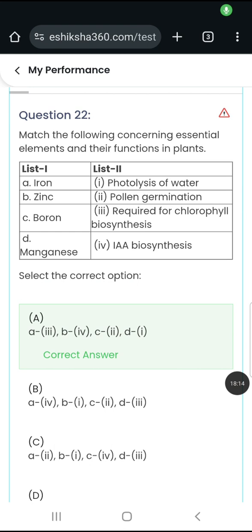Match the following: iron, required for chlorophyll biosynthesis; zinc, IAA biosynthesis; boron, pollen germination; manganese, photolysis of water.